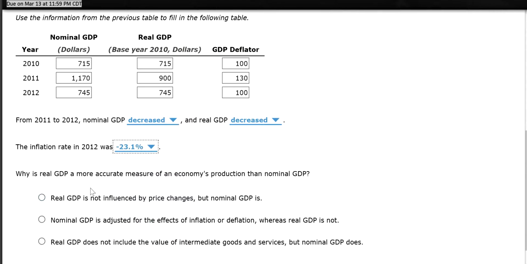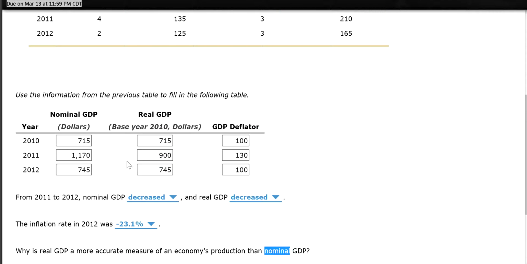All right. So why is real GDP a more accurate measure of economy production than nominal GDP? So for the economy production, we want to know just how much stuff did the economy produce. So for nominal GDP, you have your price difference in there. So every single year when the price changes, your nominal GDP changes. But for your real GDP, you use the same price in the base year.